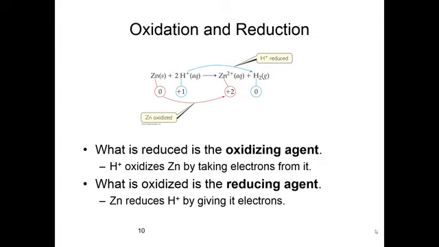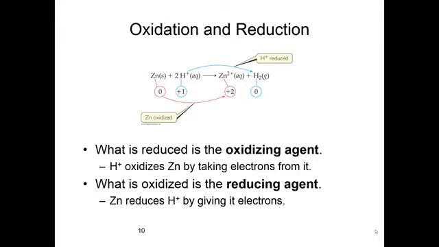In the reaction shown on the screen, H plus is reduced. It picks up an additional electron, causing zinc to be oxidized because zinc gives up its electron to H plus, and therefore H plus, which is reduced, is the oxidizing agent.